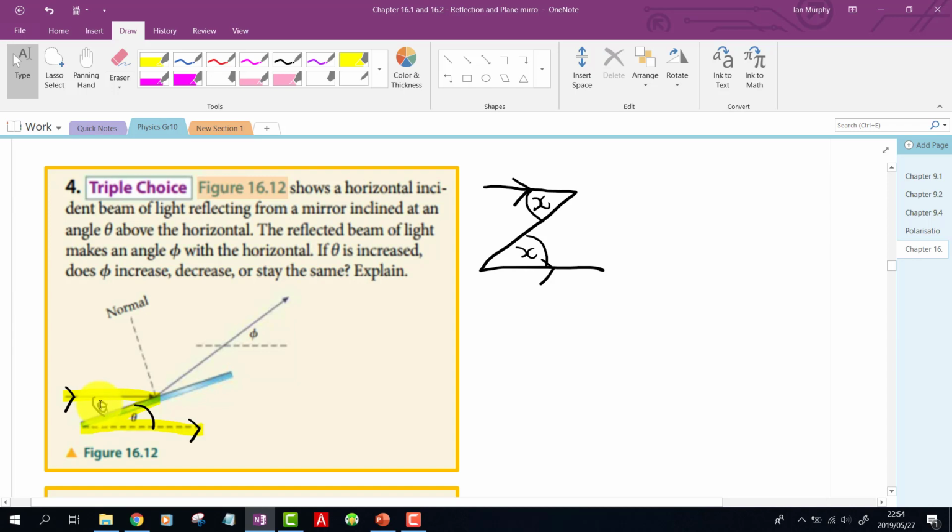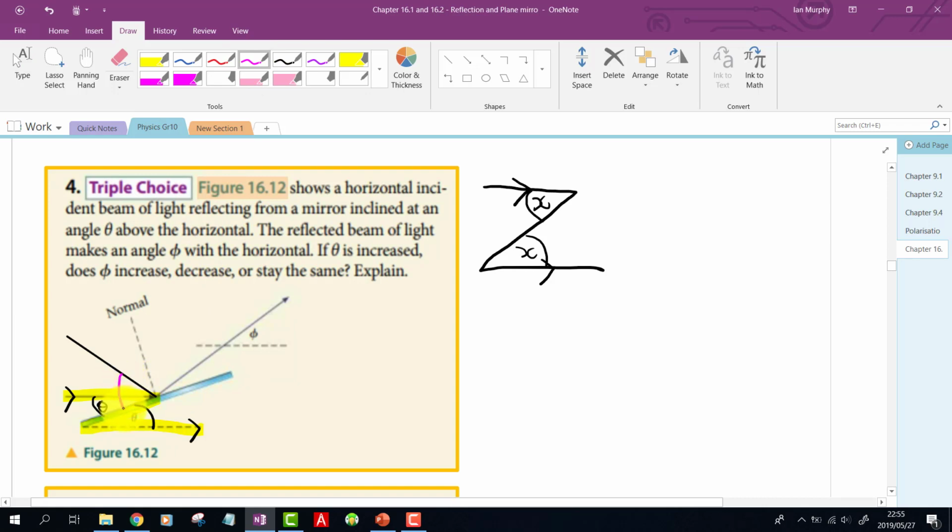That means the new ray will go, let's make it quite extreme, like that. Sorry, my mistake: if theta increases, this angle will increase. Currently it's here, and then that angle will get bigger. Let's make it nice and extreme like that. Now the new theta, I'm just going to draw it in pink.